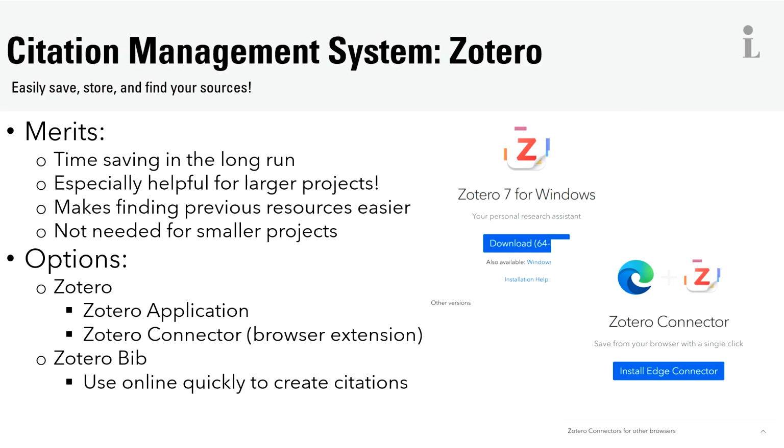Zotero, along with most of the major ones that you'll find if you look into this more, have browser add-ons and are basically easy to use with any type of catalog system and a lot of databases.